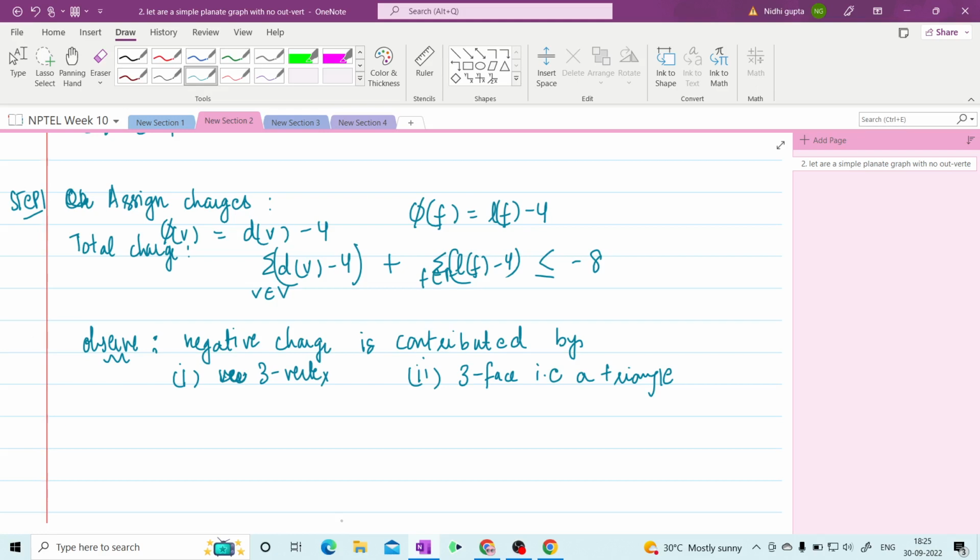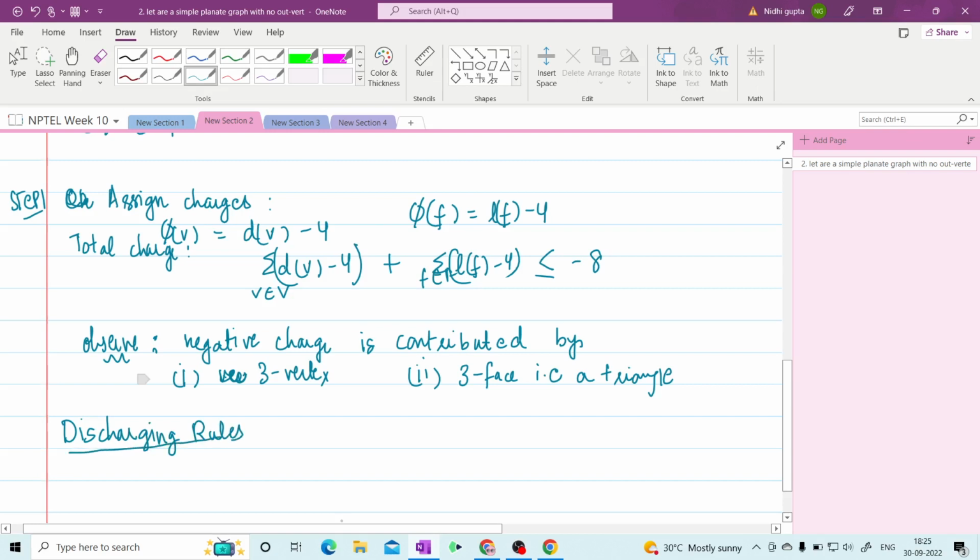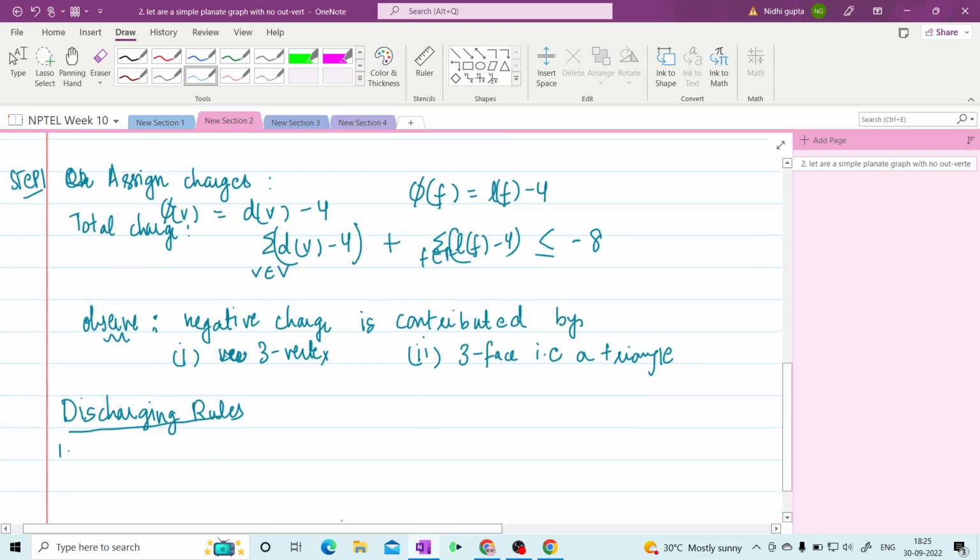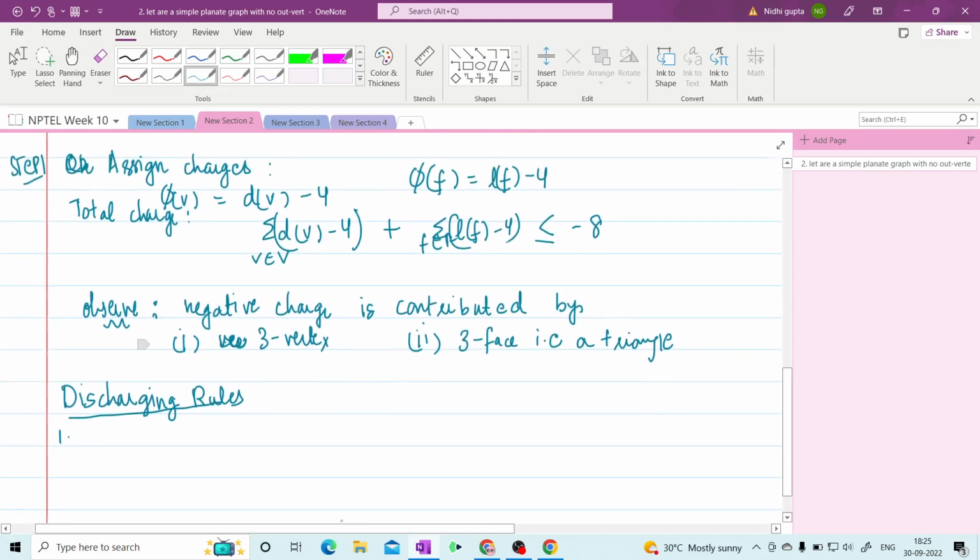So what should our discharging rules be? We have a degree 3 vertex which is contributing a negative charge. The charge contributed by a degree 3 vertex is 3 minus 4, so the negative charge contributed by it is -1.